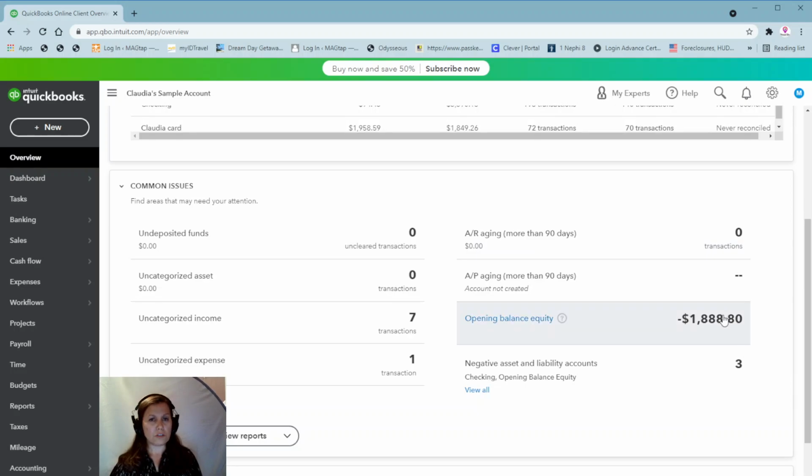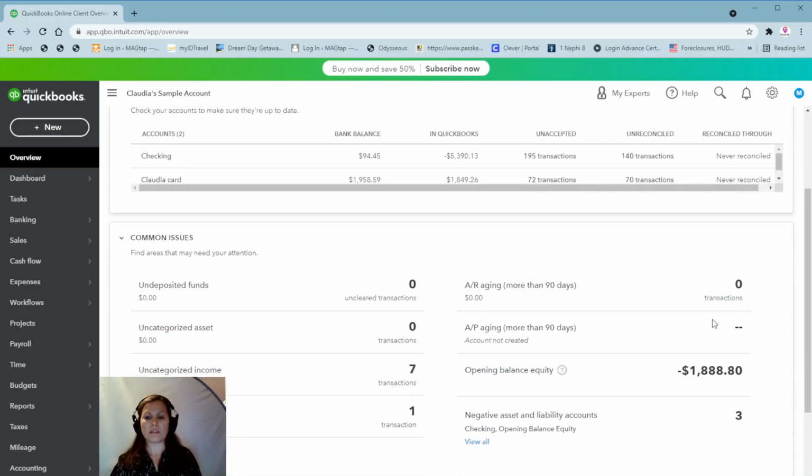You don't want to add a beginning balance in there, because if you do, this is what's going to create an error. In this case, how to fix it? You can just do a journal entry for the amount and transfer from opening balance equity into owner's equity. But you definitely don't want anything on opening balance equity. That should always be a zero balance.